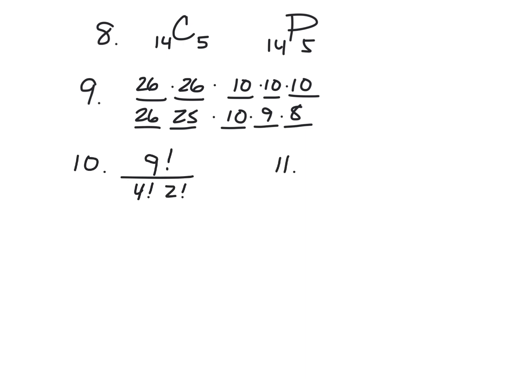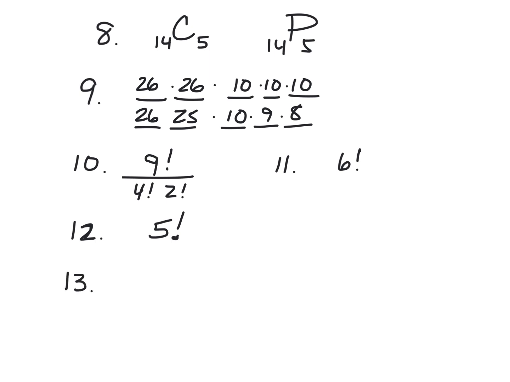Number 11, 6 letters, no repeats, so it's just simply 6 factorial. Number 12, we've got 6 people sitting around a circular table. If they're sitting in a straight line, it would be 6 factorial. If it's in a circle, we have to base it on 1 position. So it's 1 less, and that would be 5 factorial.